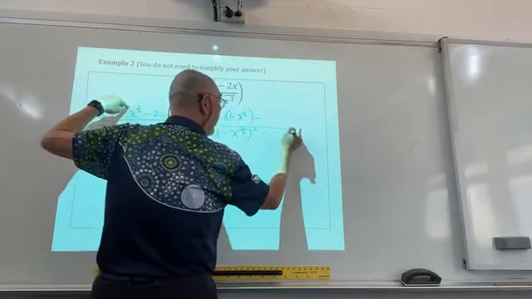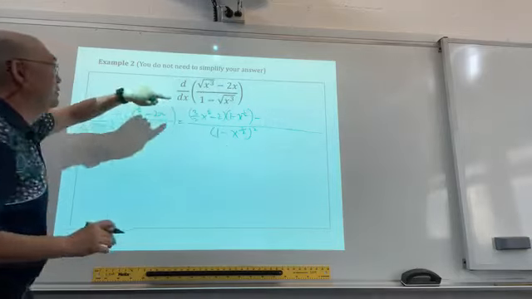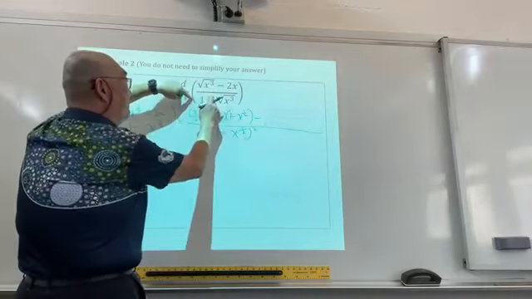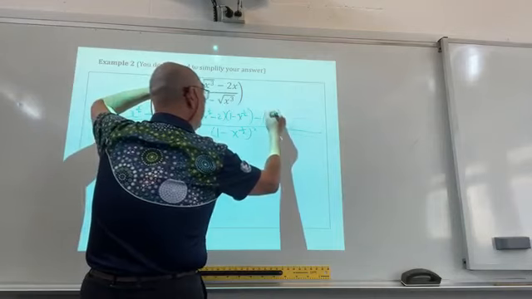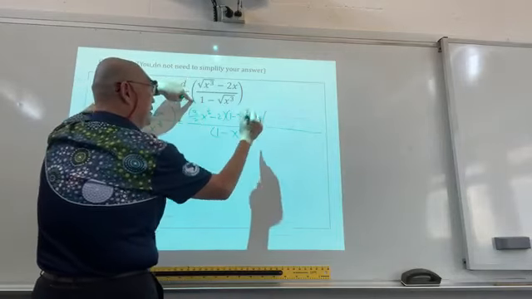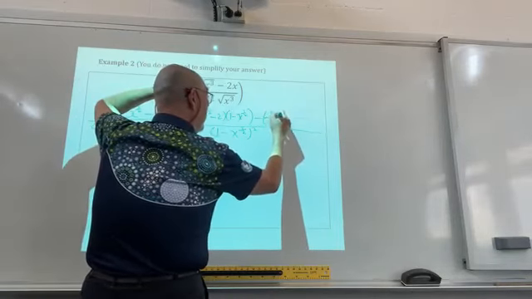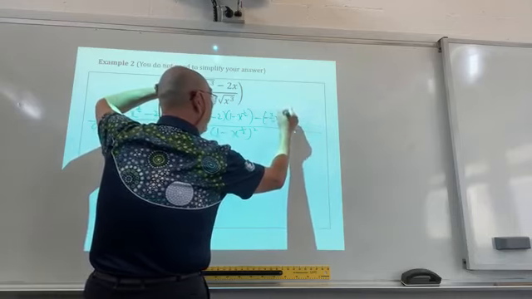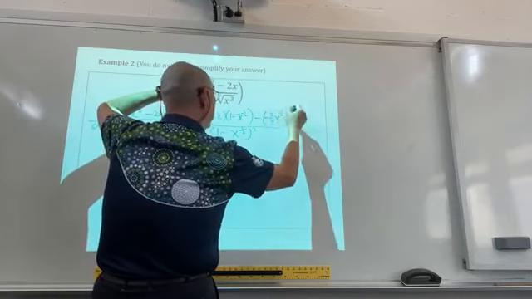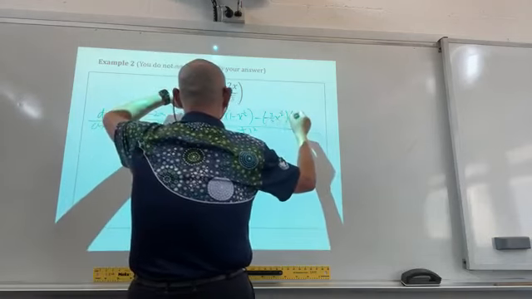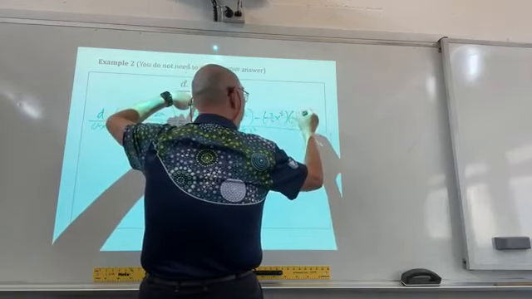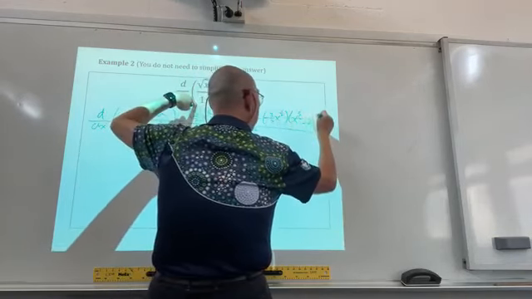Then take away the derivative of the denominator, which is minus 3 over 2 x to the half, times x to the power of 3 over 2 minus 2x.